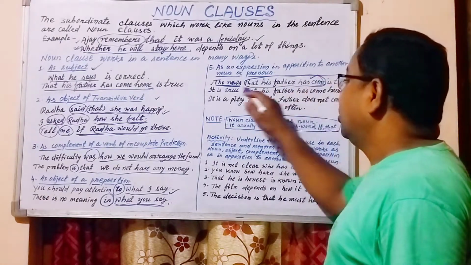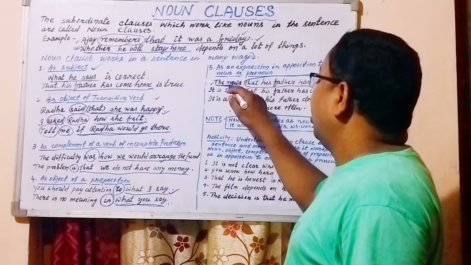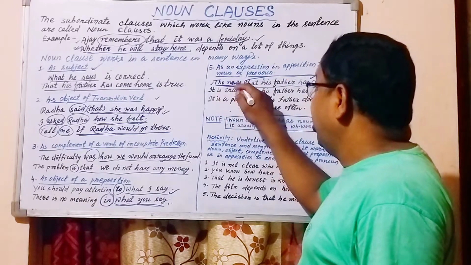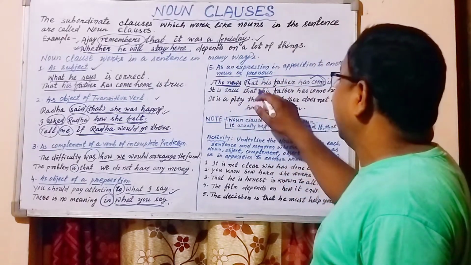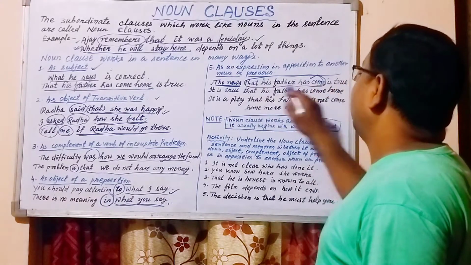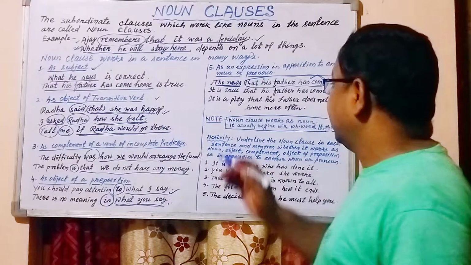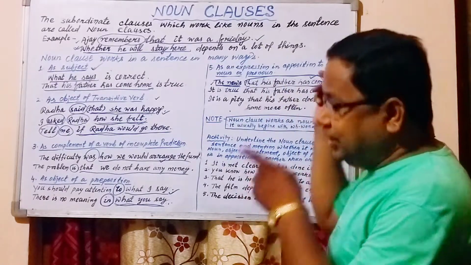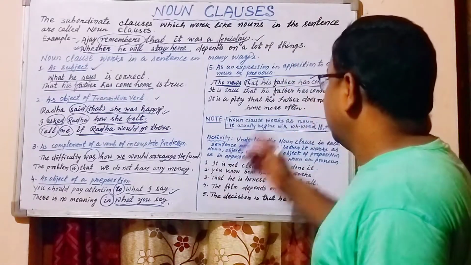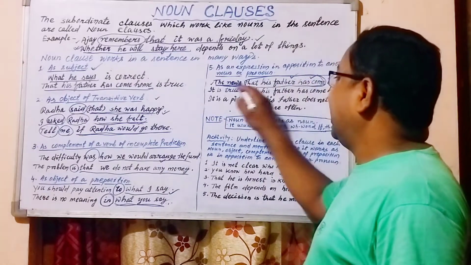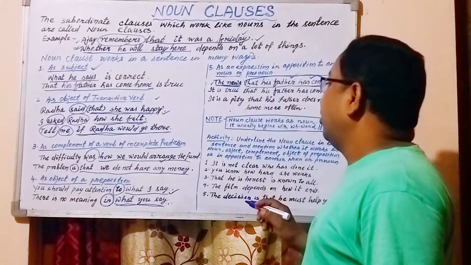It is the news. So we can replace the noun, that is the news, and place there that his father has come. So we can say the news is true, it is correct. That his father has come is true, it is also correct. So it is replaced by the noun, the news.